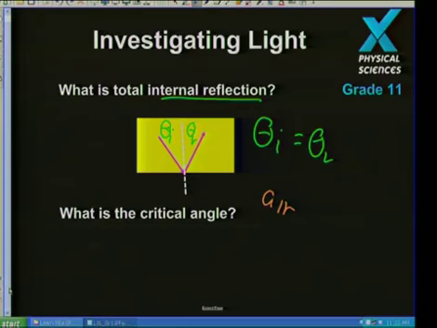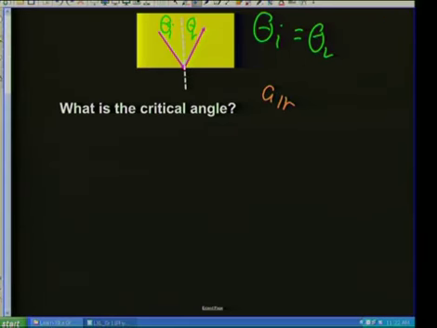And if it has an angle of refraction equal to 90 degrees, that angle is called the critical angle. So the critical angle is the angle when the angle theta of refraction is equal to 90 degrees.